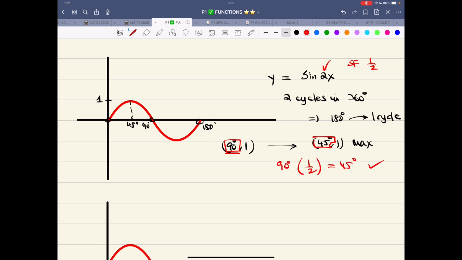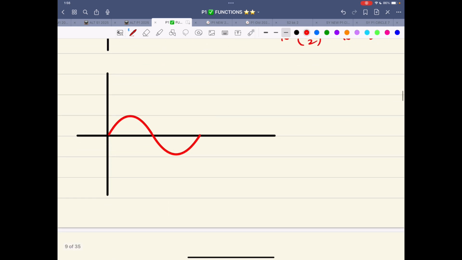This makes perfect sense. Similarly, let me draw over here y is equals to sine of half x. This is 0, and even before that, half cycle in 360 degrees. That's the rule. Therefore, a full cycle in 720 degrees. So this is 720. This is 360.